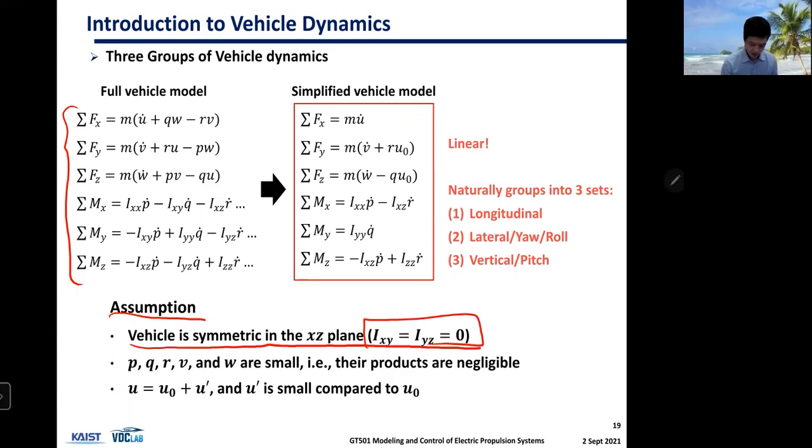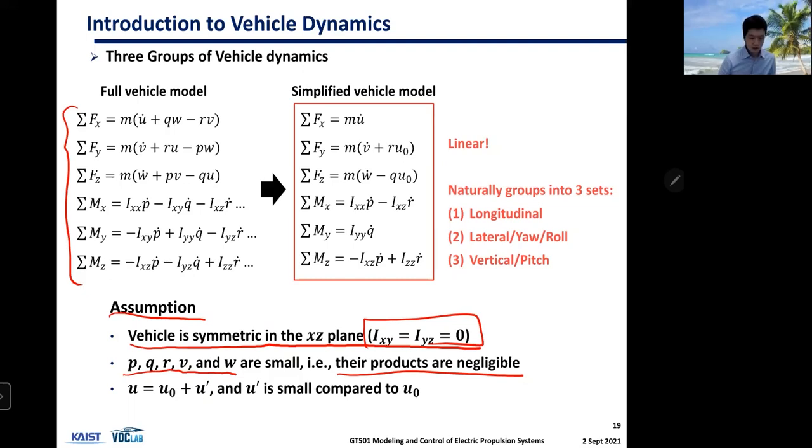Okay, and also if P, Q, V, and W are small, if we assume this, so what that means is the rotational speed of a vehicle is small, then their products are negligible. Small angle. I'm not sure if you're familiar with the small angle theorem, but sometimes it helps analyze things analytically.